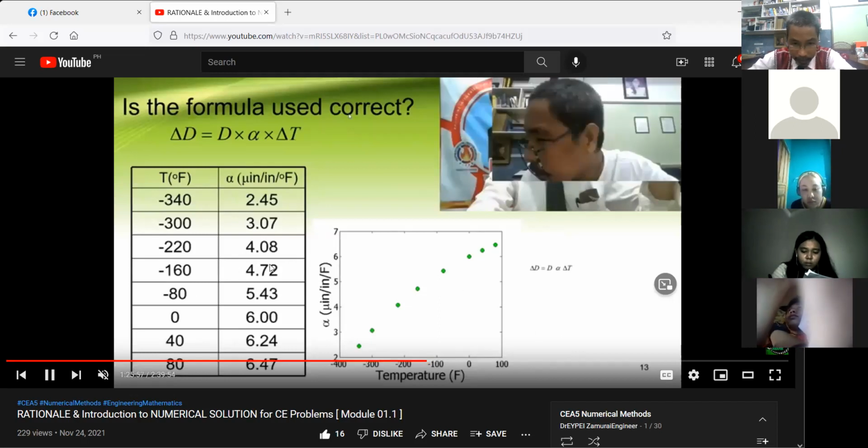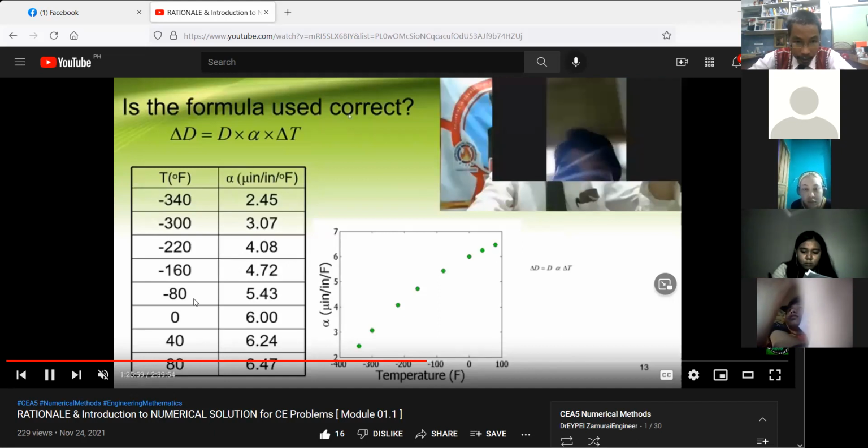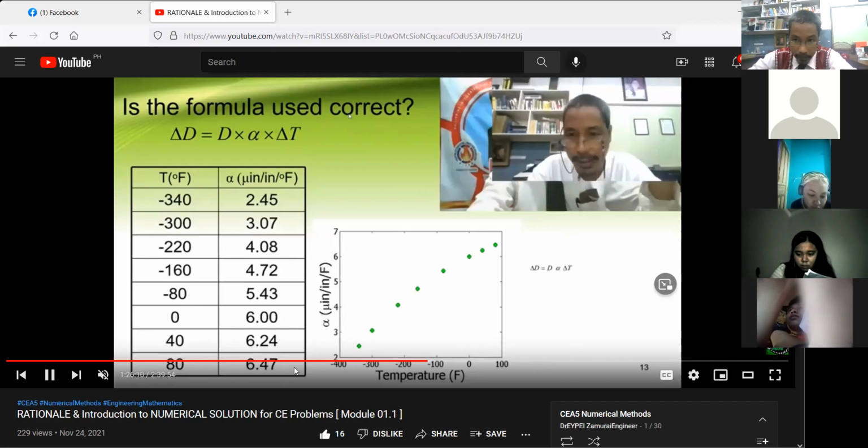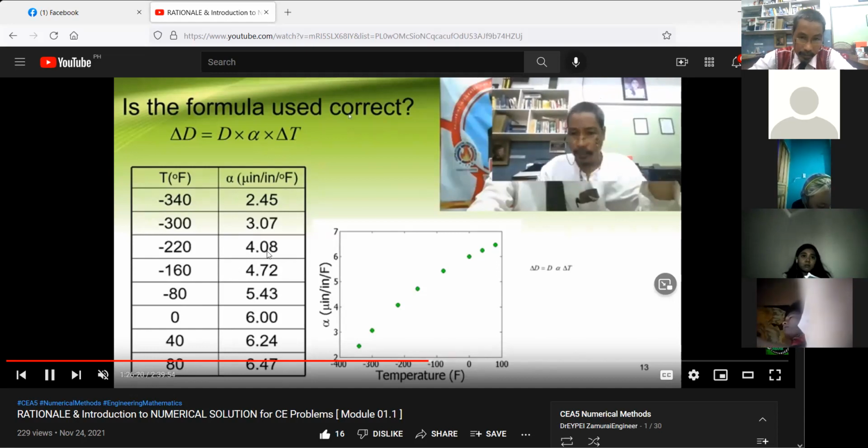Did anybody practice solving this equation using different amounts here? So this is alpha. This is the temperature change.